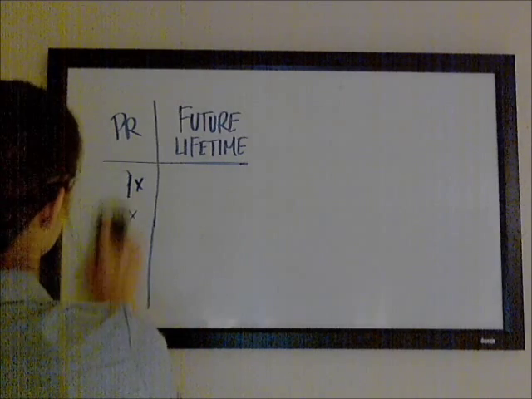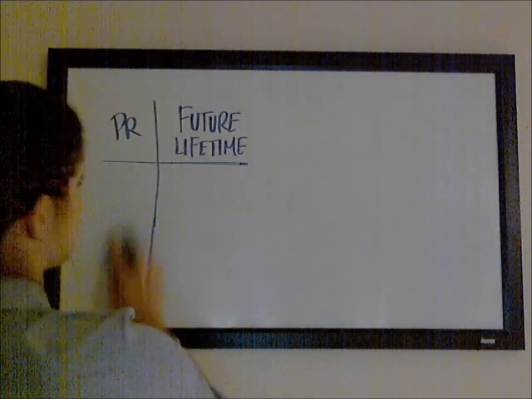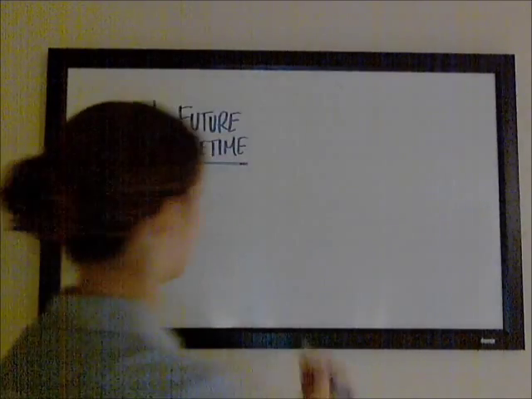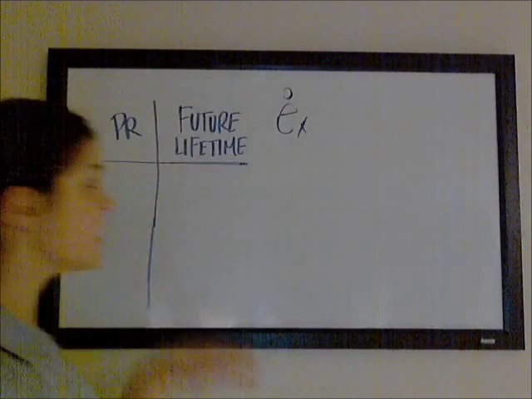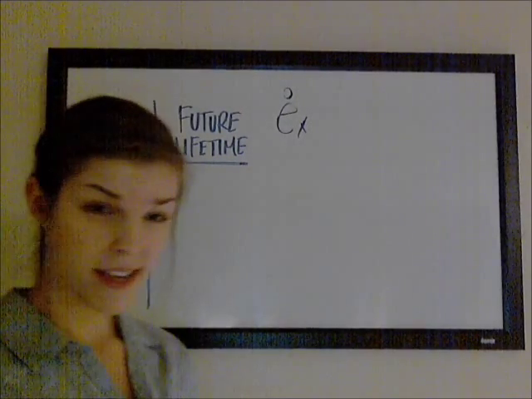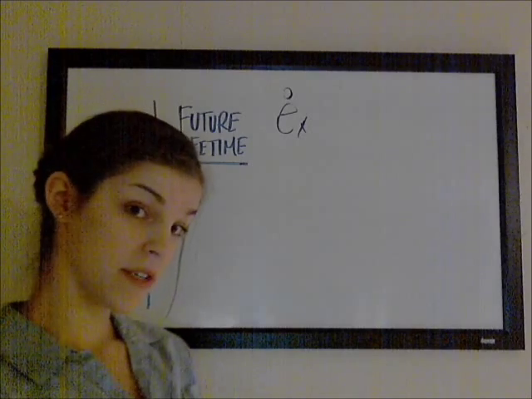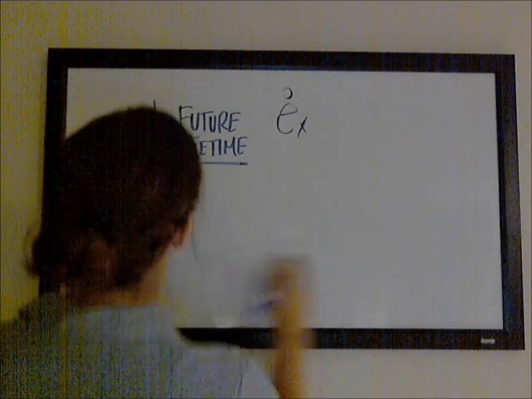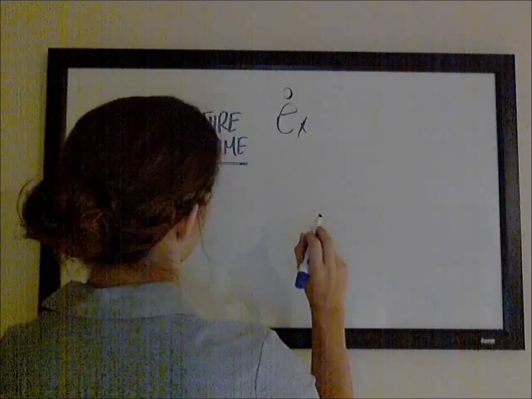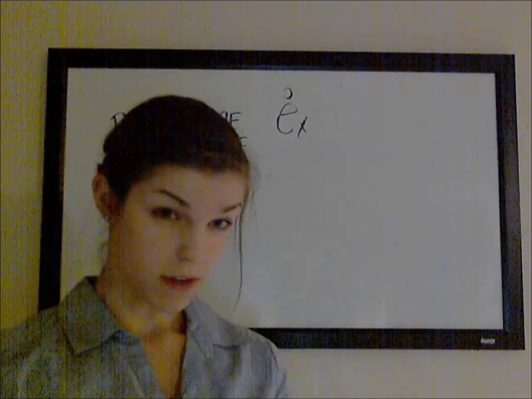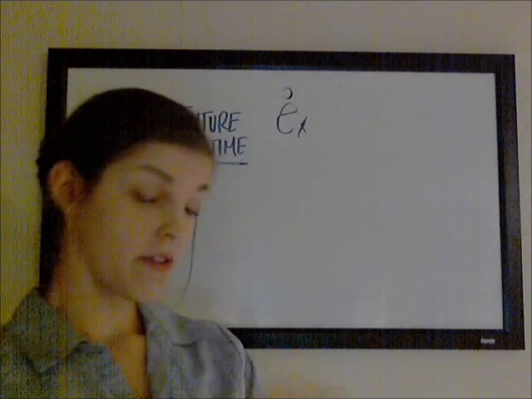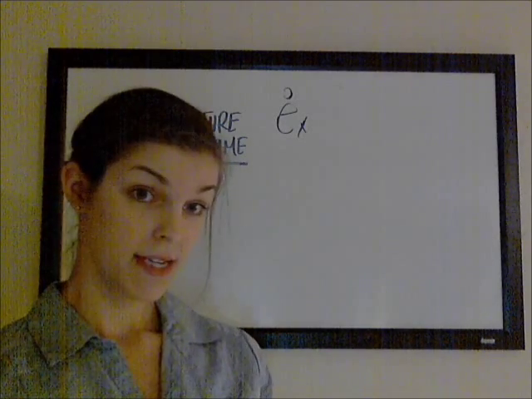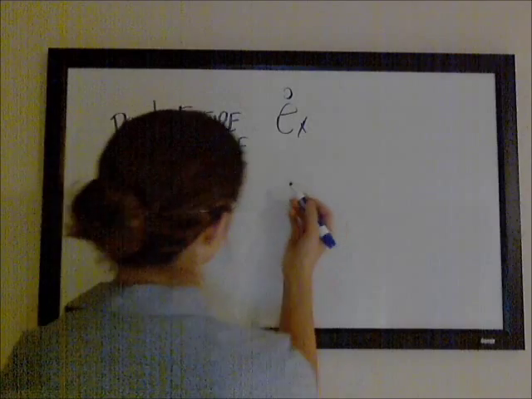Now, in the same way, if we want to do continuous expected remaining lifetime, that just gets the little circle over it. We're still really doing the same kind of thing. We're just taking expected value, but now it's continuous, so some things change a little bit. So we want to take the product of all the values that the future lifetime could take on and their corresponding probabilities and sum those up to get the expected value.